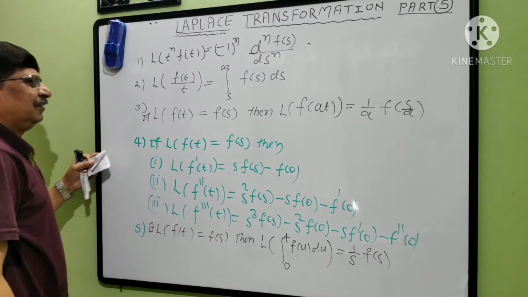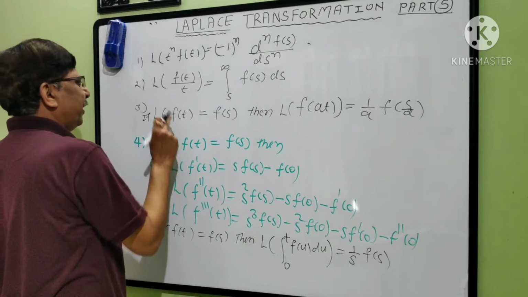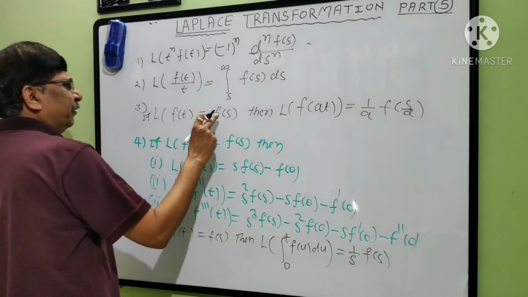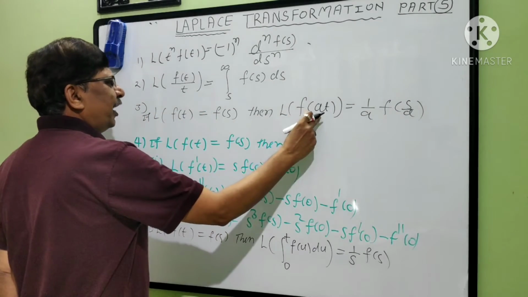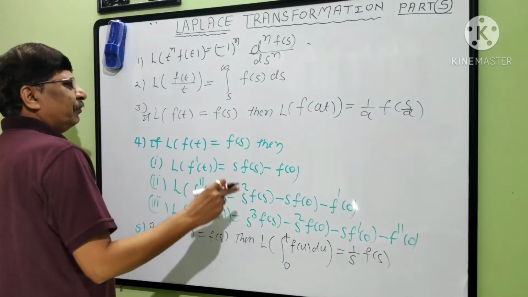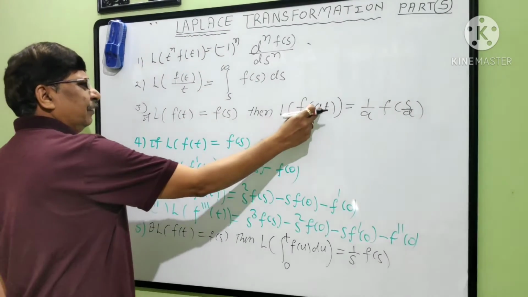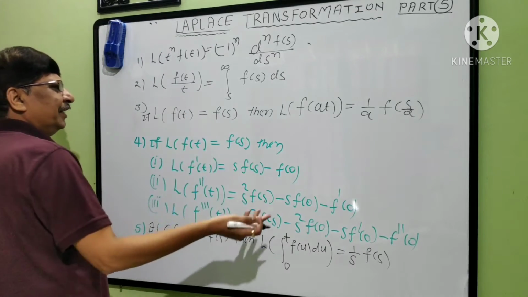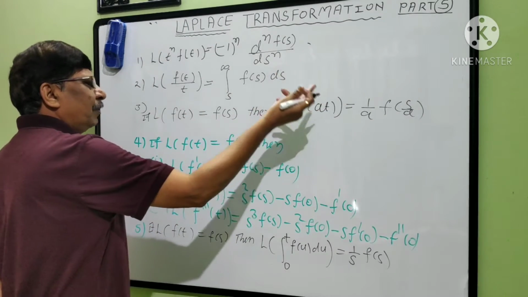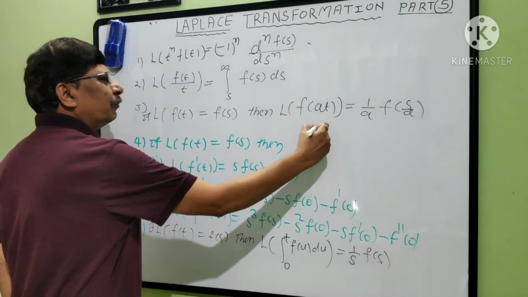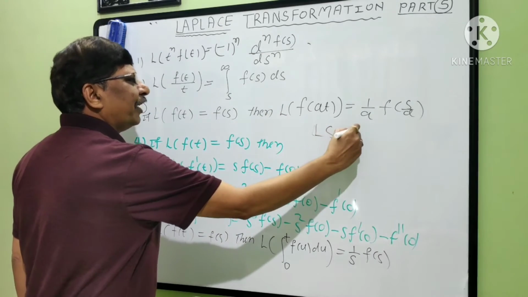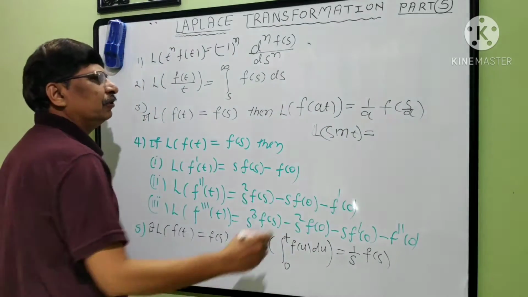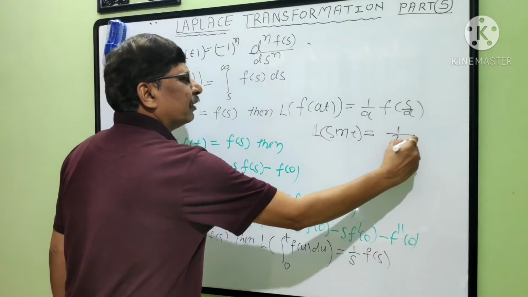Again, this is the shift of origin theorem. If the Laplace transformation of f of t is F of s, then you can find the Laplace transformation of f of at, where a means any real number. For example, suppose you know the Laplace transformation of sin t, that is 1 upon s square plus 1.